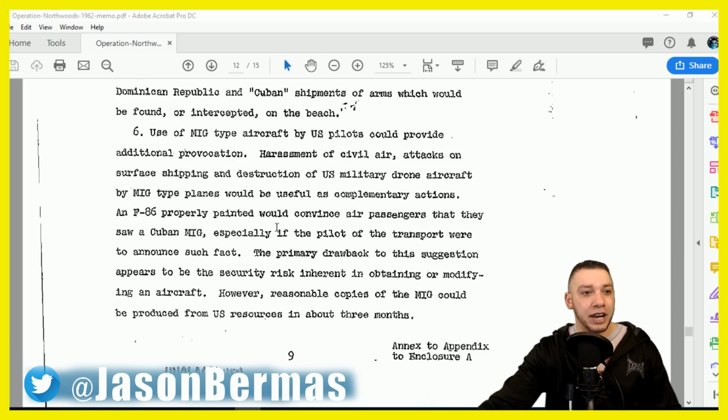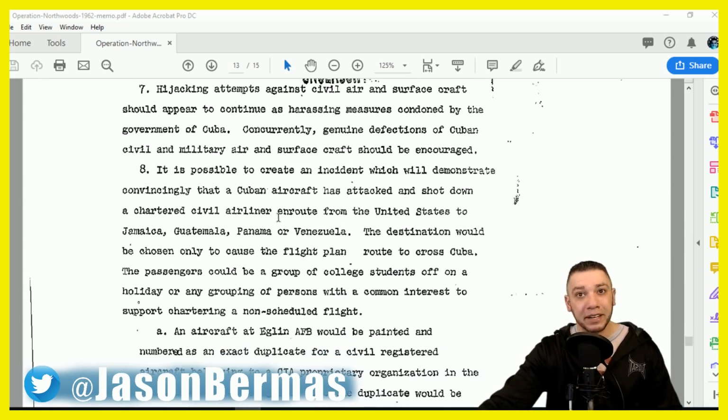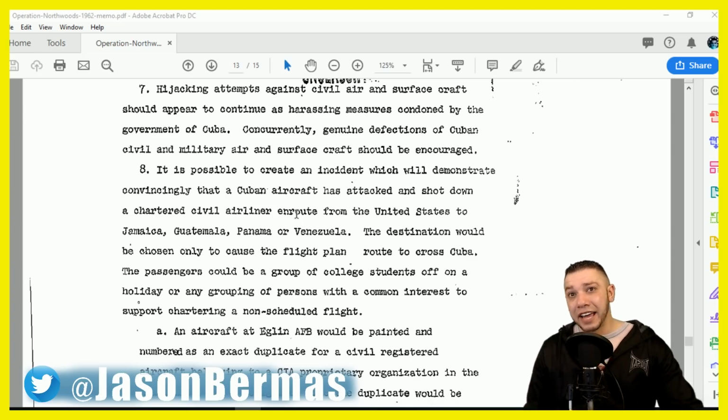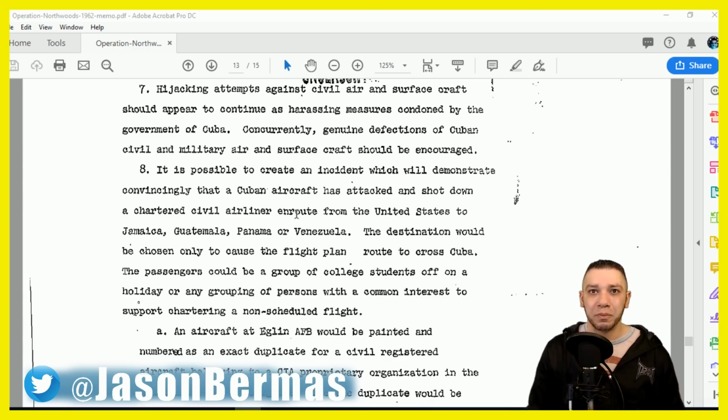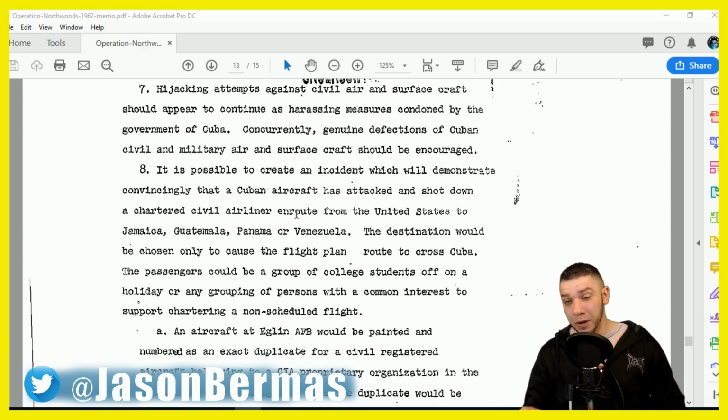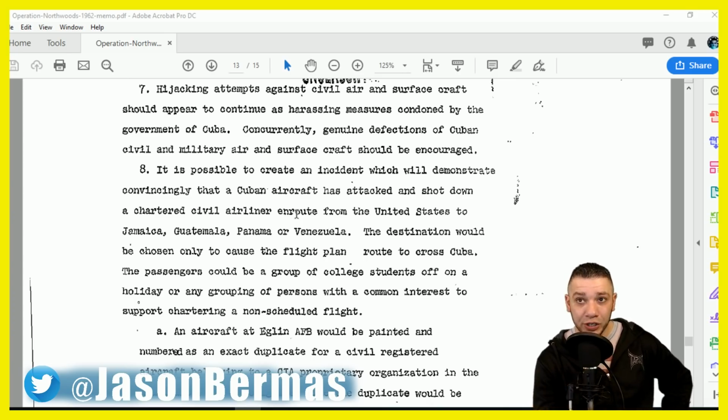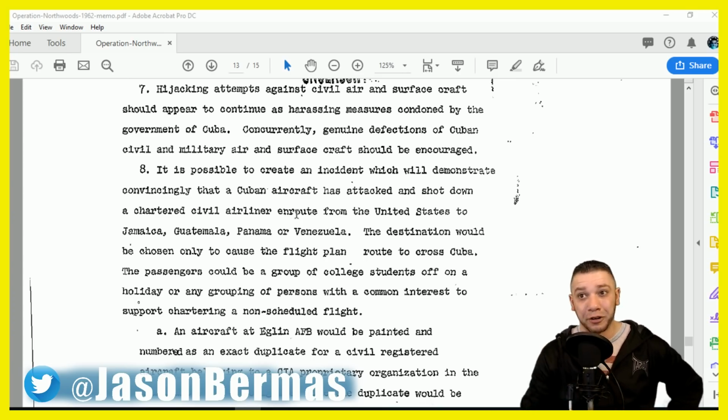I don't know if that was time sensitive enough for them, but again, we're there. 7. Hijacking attempts against civil aircraft and surface craft should appear to continue as harassing measures condoned by the government of Cuba. Concurrently, genuine defections of Cuban civil and military air and surface craft should be encouraged. So right there, they're talking about encouraging Cubans to hijack their own aircraft.